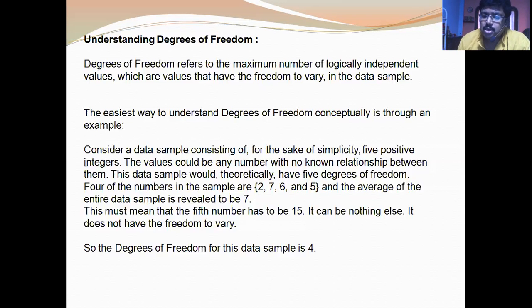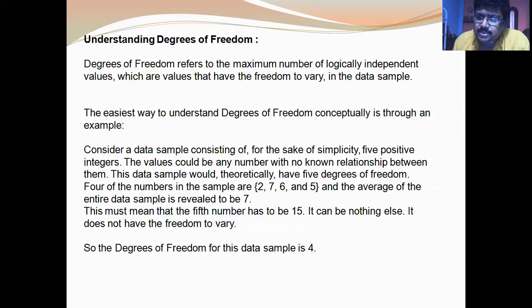What are those? 2, 7, 6, and 5. You have five integers, and you have the information that four of them are 2, 7, 6, and 5. And also the average of the entire data is revealed. That is 7.